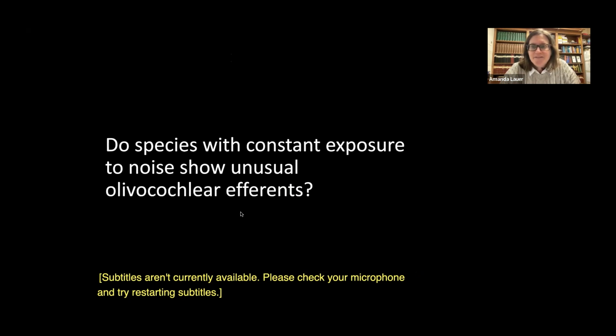So this is all super interesting that we see this in these animals, in these mouse models, but I guess the question is, is this relevant to anything outside of a mouse that lives in a laboratory, right? And I'll tell you, we'd really like to look in human ears with more well-characterized hearing function and noise exposure histories, but the logistics of that are really, really complicated and very expensive and very difficult.